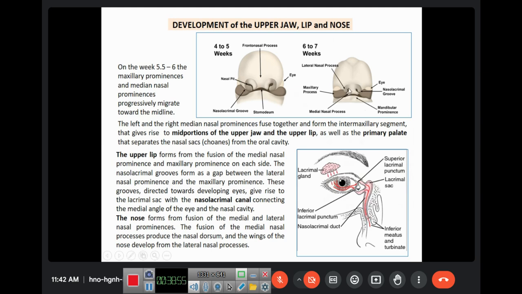The nose is formed both from the medial and lateral nasal prominences. The fusion of the medial nasal prominences will form the nasal dorsum, and the wings are formed from the lateral nasal processes.